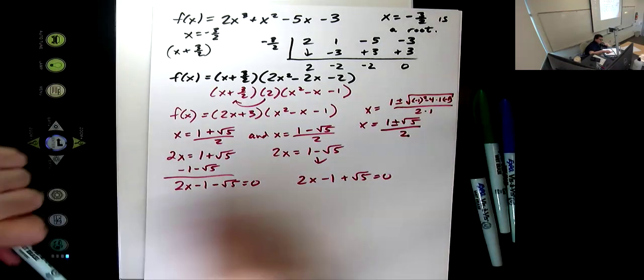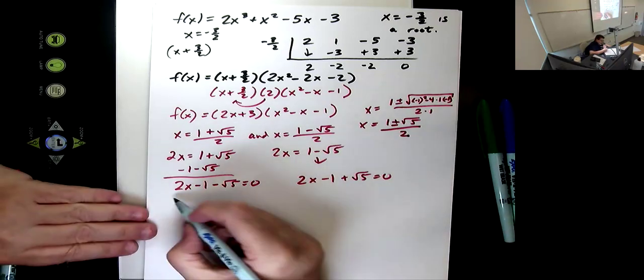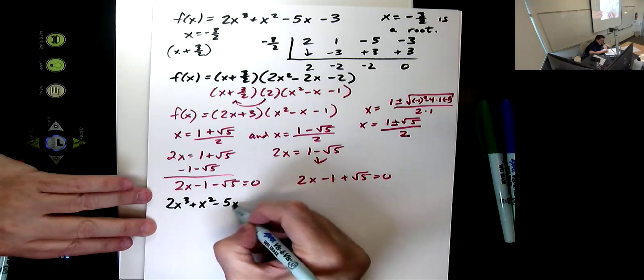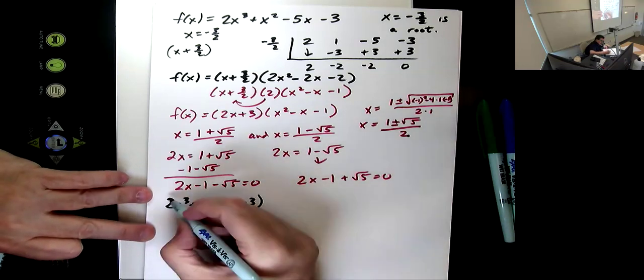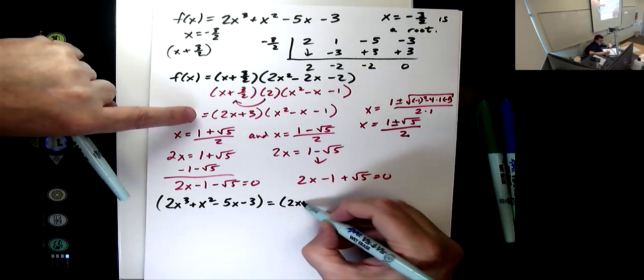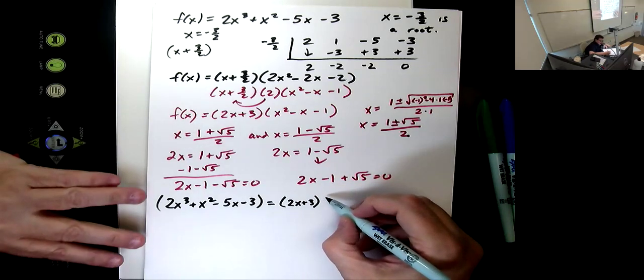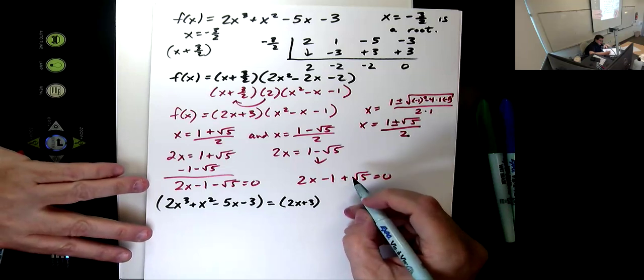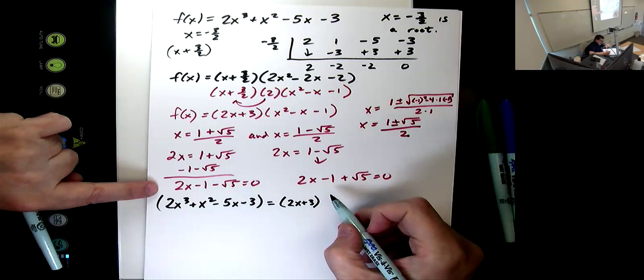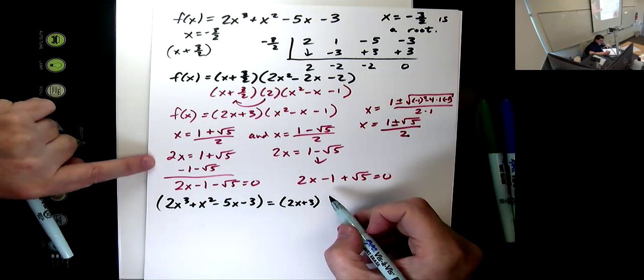So if I wanted to write 2x cubed plus x squared minus 5x minus 3 in factored form, I have 2x plus 3. That 2 is really killing it. Maybe I shouldn't multiply through by 2.